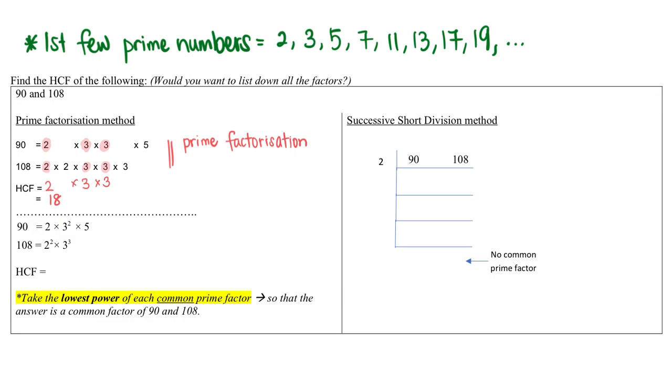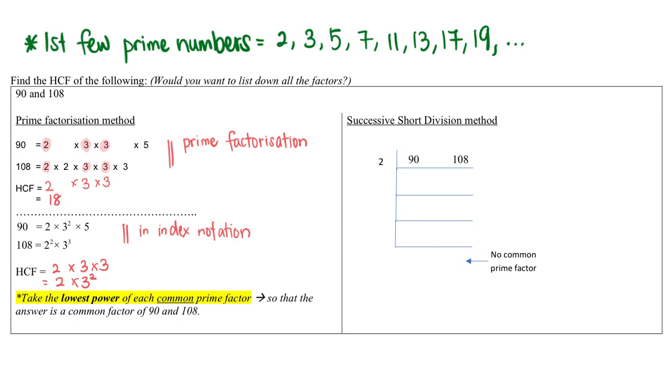Now, what happens when the prime factorization is given to us in index notation like this? And the HCF, we realize that it's 2 times 3 times 3, which is 2 times 3 power 2.